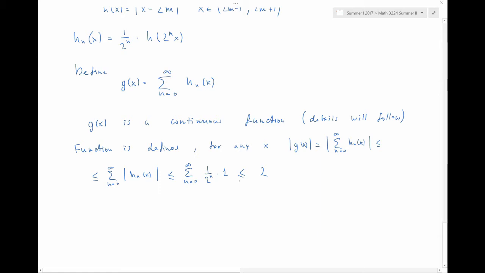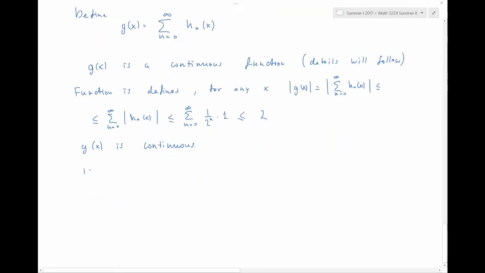So this series is absolutely convergent, therefore it is convergent, and therefore for every x, g is well defined. Now take the continuity of this function for granted. The big question is, is it differentiable?